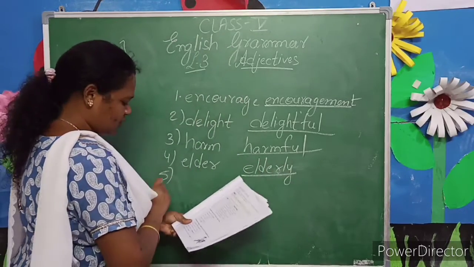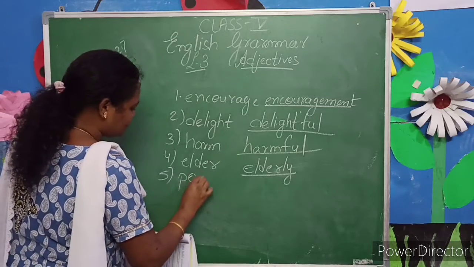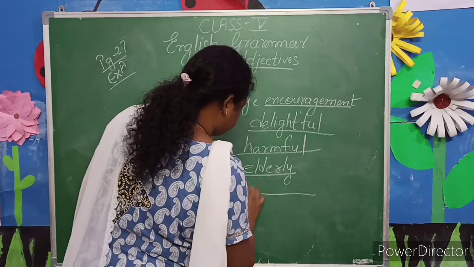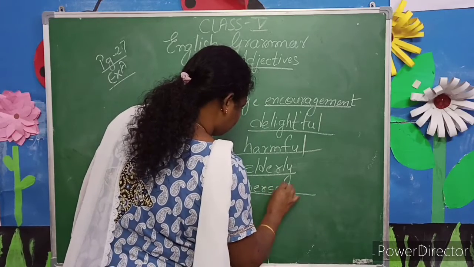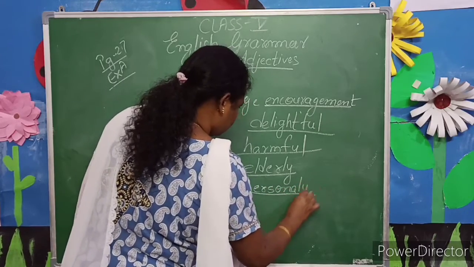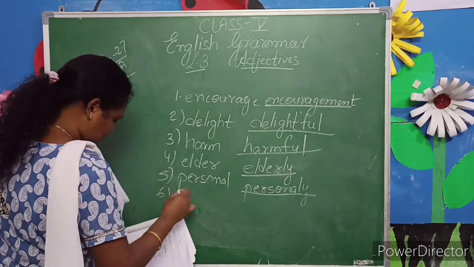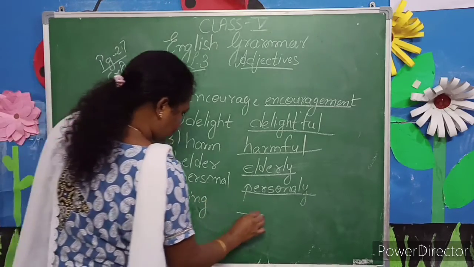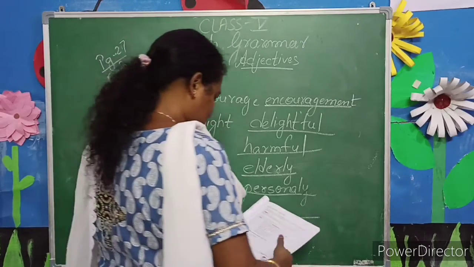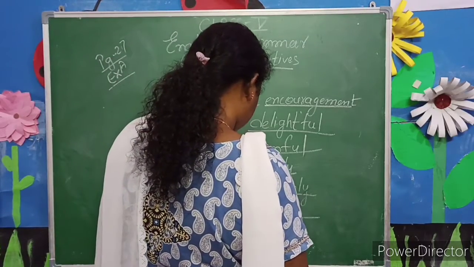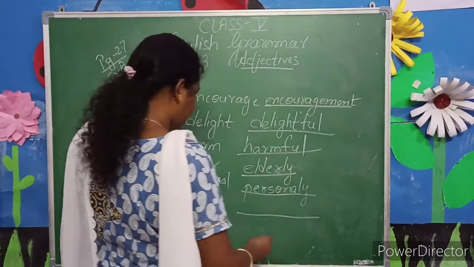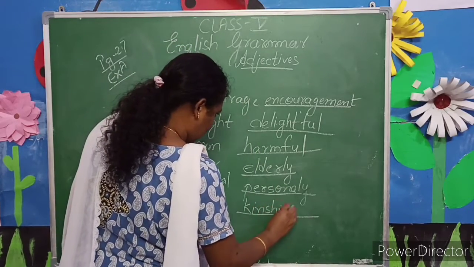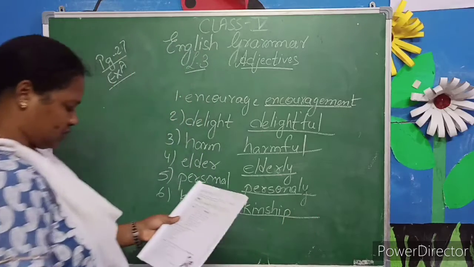Fifth one, personal: personally. King: kinship. Note it down, children.